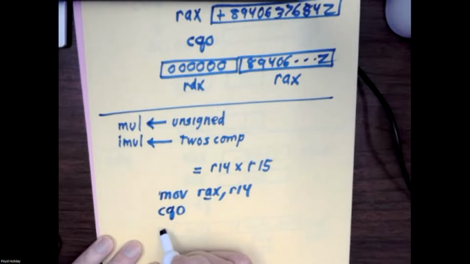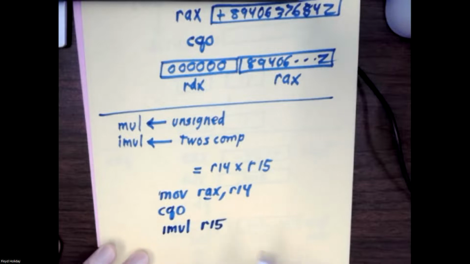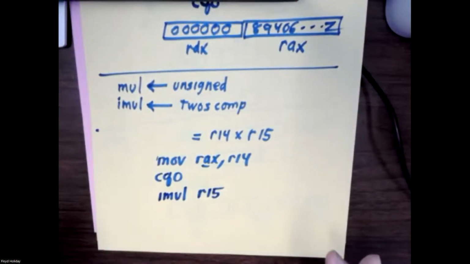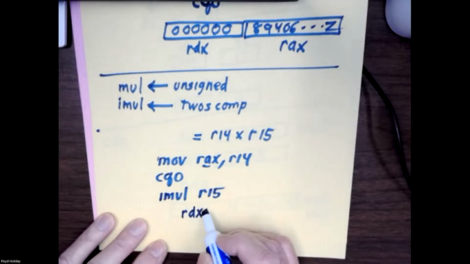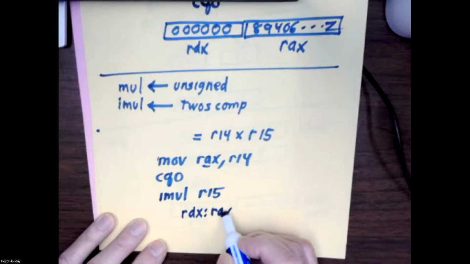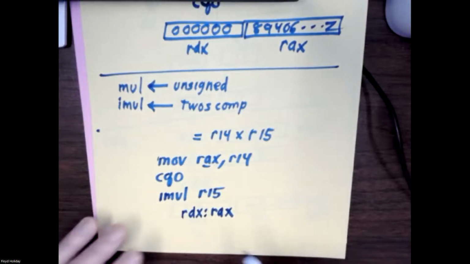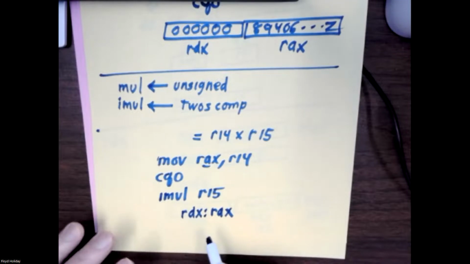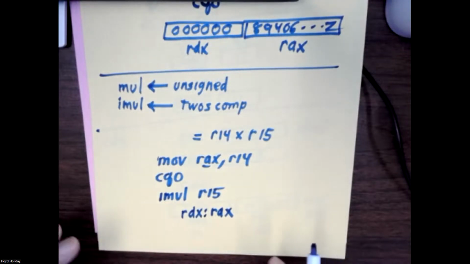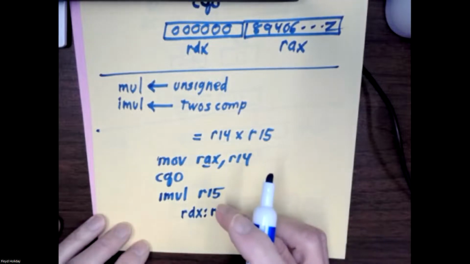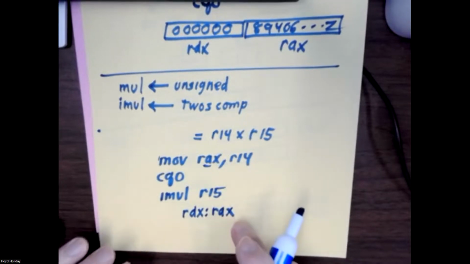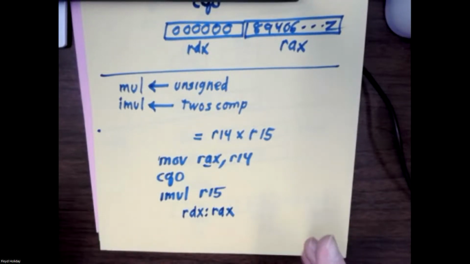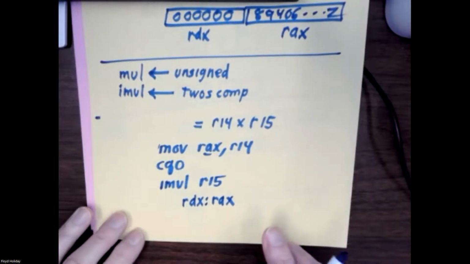And then we say imul R15. The answer is called the product. Where is the product? The product is in RDX combined with RAX because it won't fit into RAX alone. The whole thing is 128 bits, 16 bytes, and the multiplication of those two very large integers needs that much space to store the product. Simple as that.